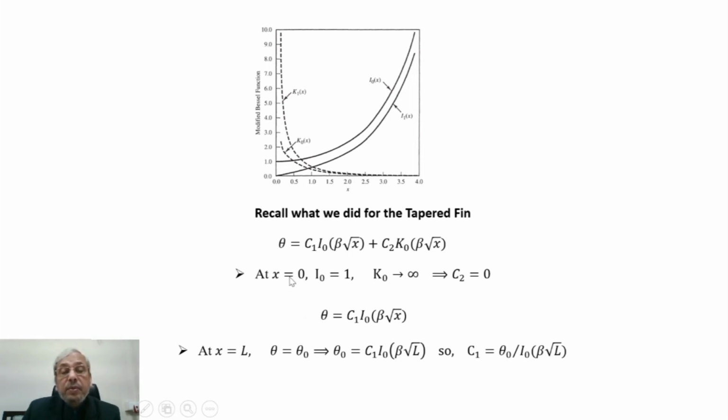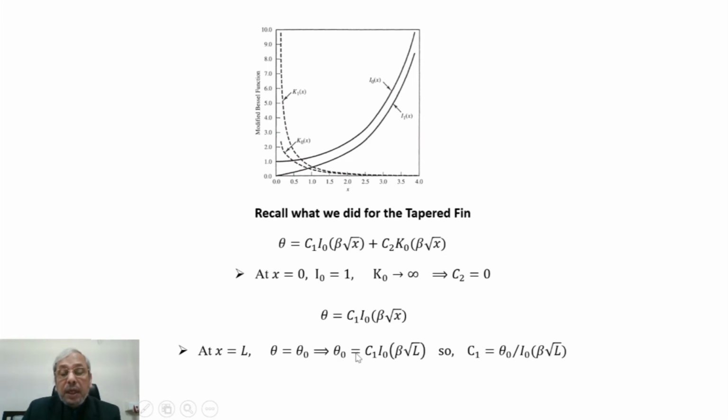At x equal to 0, I naught is 1, but K naught tends to infinity. That demands C2 has to be 0. Then we got theta equal to C1 I naught beta root x, and at x equal to L, theta is theta naught.